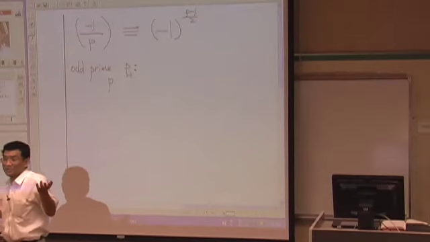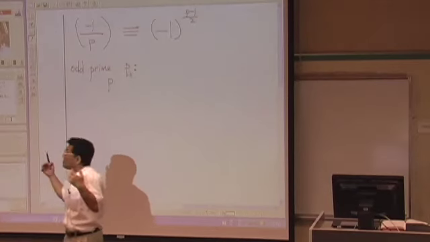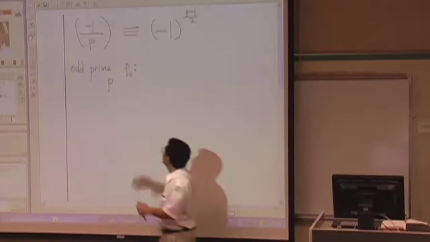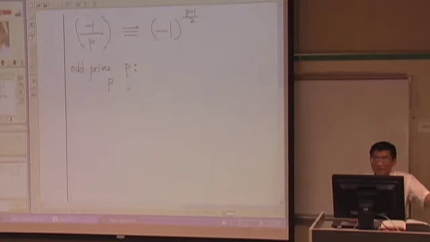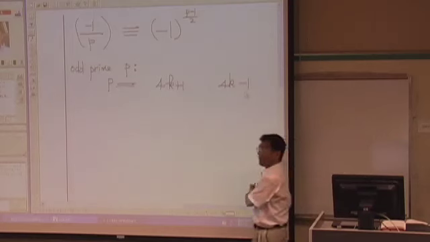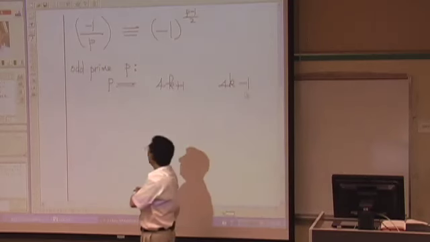We don't need to waste any time on the even prime. So when it's an odd prime, p could be of what kind of type? 4k plus 1 type or 4k minus 1, or plus 3, type. There are two possible types. It cannot be even.